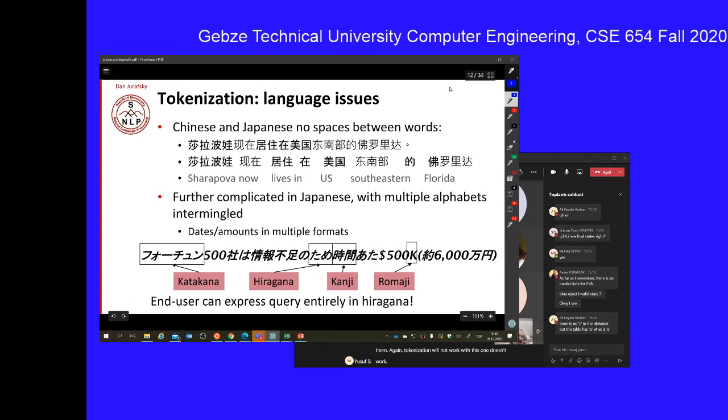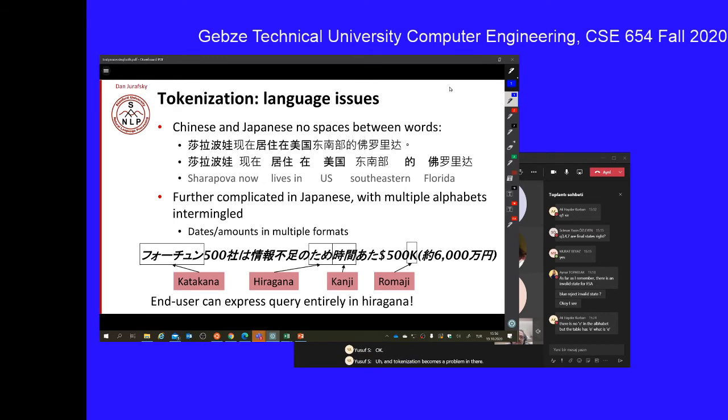Some languages, Chinese and Japanese, believe it or not, they don't have spaces. They don't need this large space bar on their keyboard. All they do is they just write their letters or words one after the other. And tokenization becomes a problem in there.